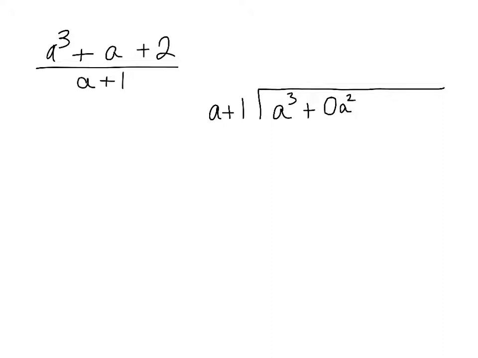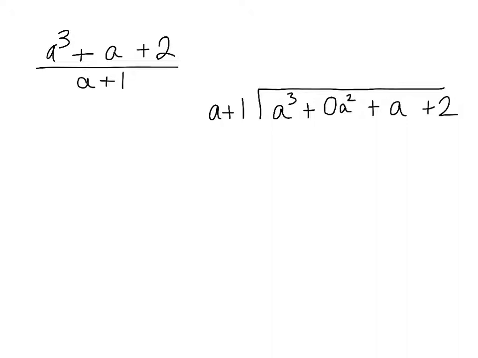That's the a squared column, but because it's being multiplied by 0, it really isn't adding anything to the problem. Then I can do my plus a to the first power and my plus 2. This is how I would write that problem. Now I'm going to work through that division algorithm.